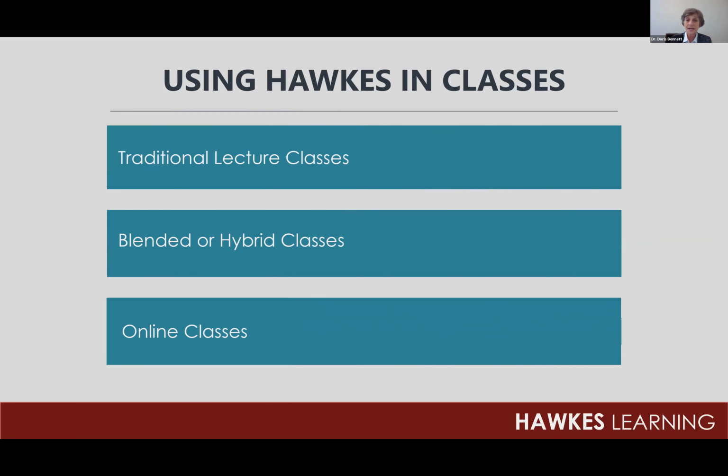If you had an online class, then of course the Hawks would be everything. You would use the ebook for the textbook and do maybe certify might be your homework grade, and you could use web tests for quizzes if you want to do a quiz on a chapter and then test over several chapters. Then it's easy to set up a web test to do that.